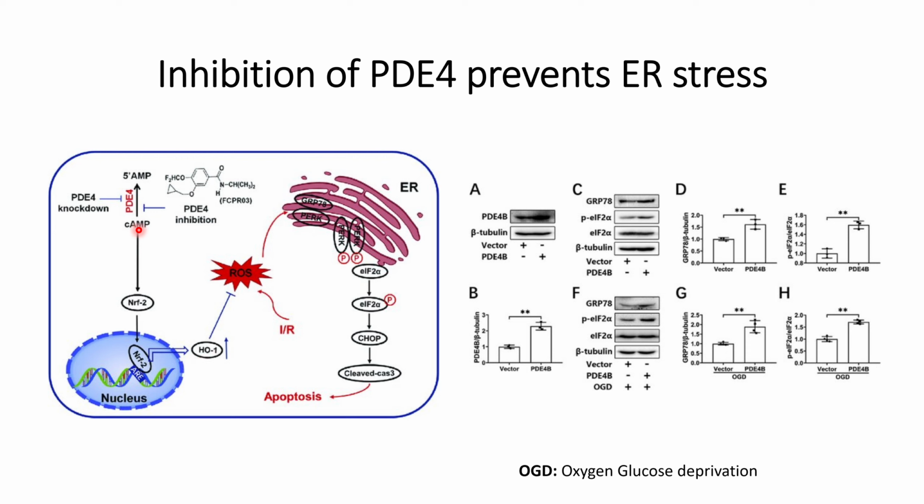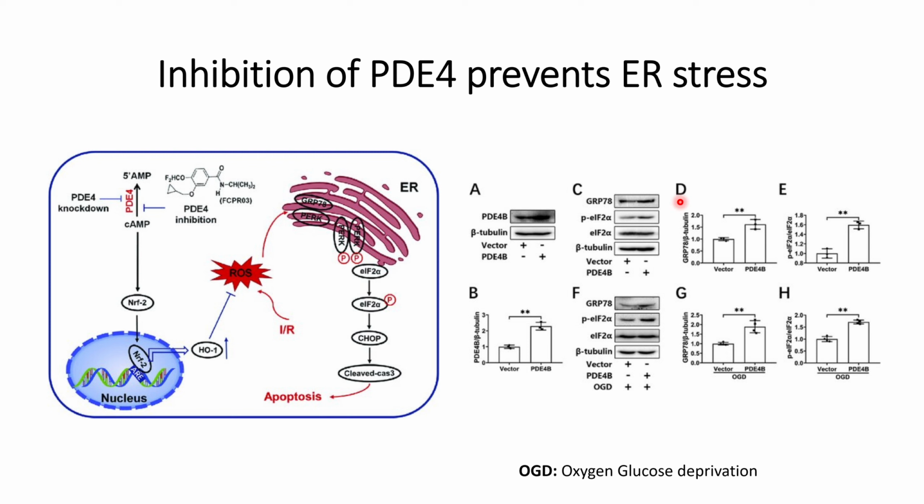One thing I need to clarify is that when cAMP interacts with PDE4, it moves towards 5 prime AMP, and when it does not interact with PDE4, it moves towards NRF2 and helps NRF2 move inside the nucleus, so that it upregulates the transcription of hemooxygenase 1, which will be able to neutralize ROS. Thus, it will not trigger ER stress.